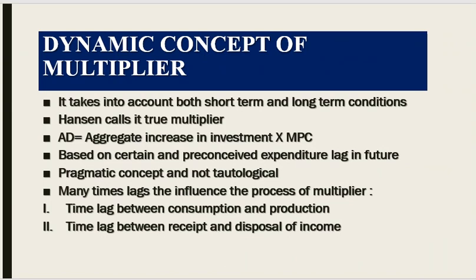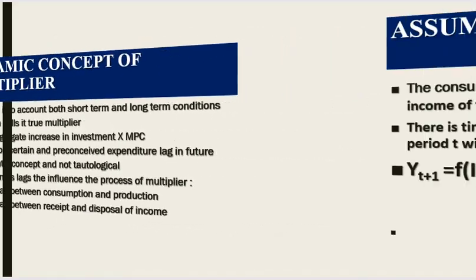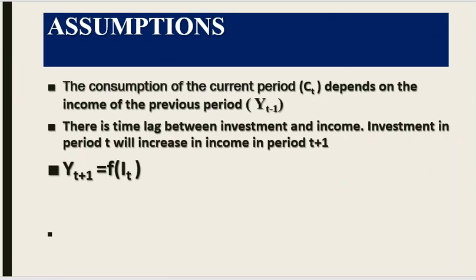It is not tautological, which repeats the same thing again and again. Many time lags influence the process of multiplier. There is a gap between consumption and production, and a gap between the receipt and disposal of income. So the dynamic concept of multiplier is based on these assumptions.